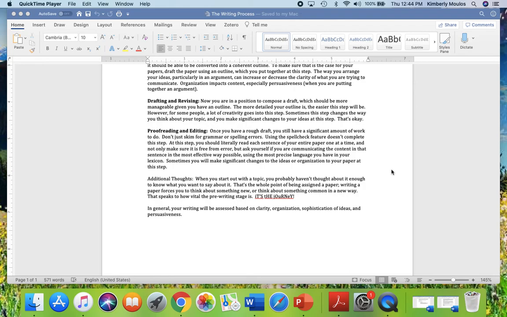It's okay to have a peer help you with proofreading and editing, but there's a line between when that person is helping you with just proofreading and editing and maybe making suggestions, and when they're actually writing your paper for you. It's not okay to have other people write your paper for you, but they can help with this step and give you feedback about your paper and help you catch pretty cut and dry errors in grammar and spelling and that sort of thing.